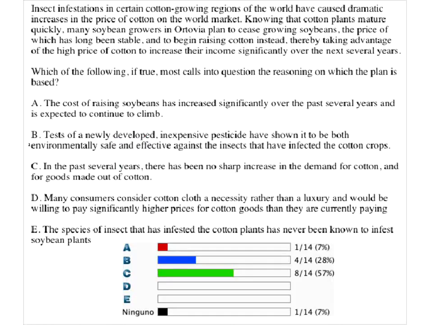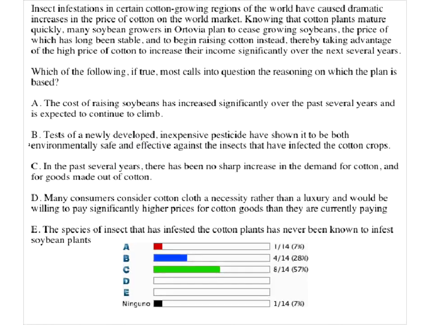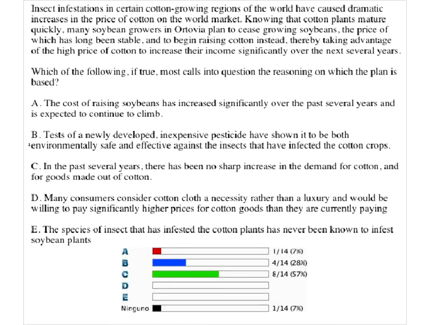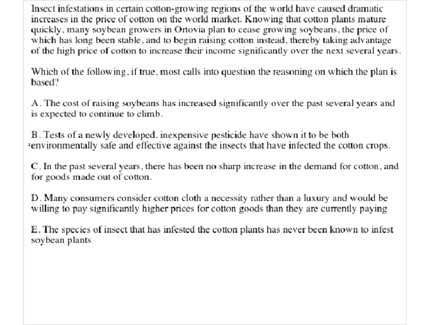So we have a majority in favor of C, but there are some substantial minorities picking other choices, but let's go ahead and take a look. So first of all, let's talk about the underlying attitude towards strengthen and weaken problems, the underlying mentality. So we'll revisit that problem in a sec.